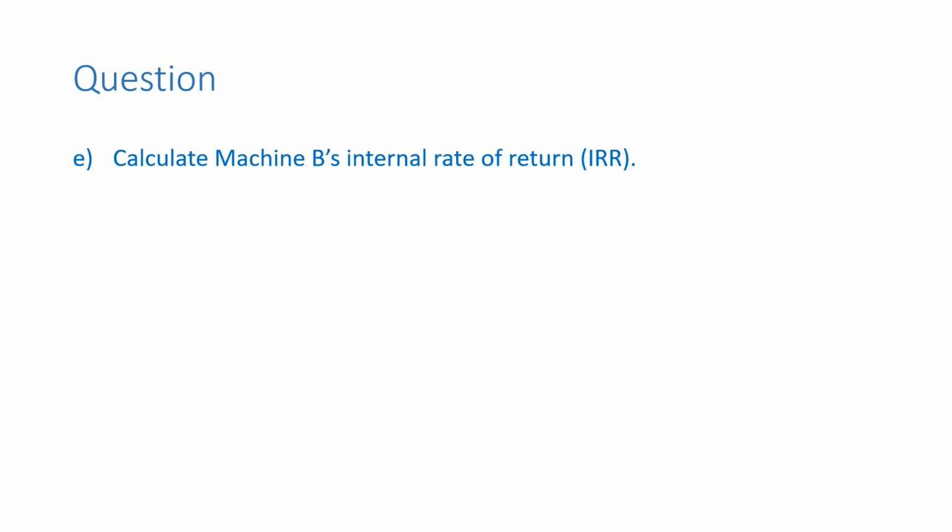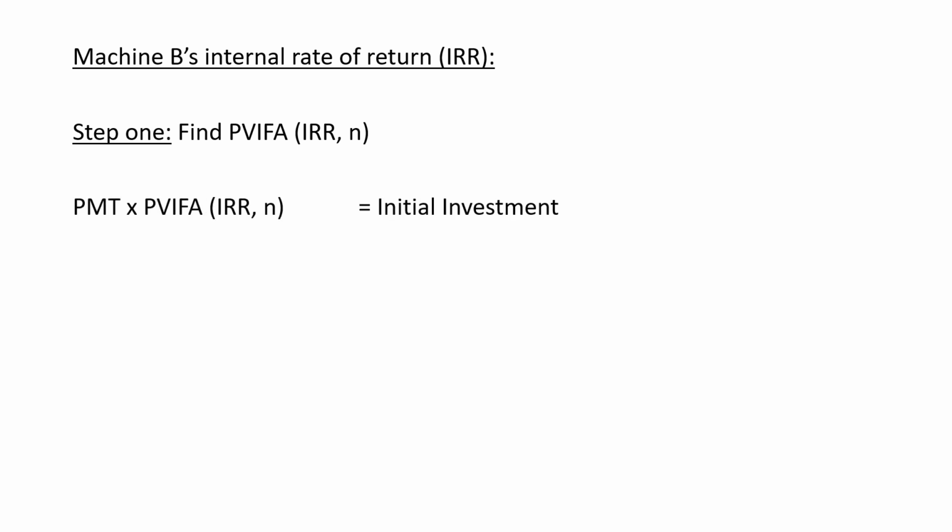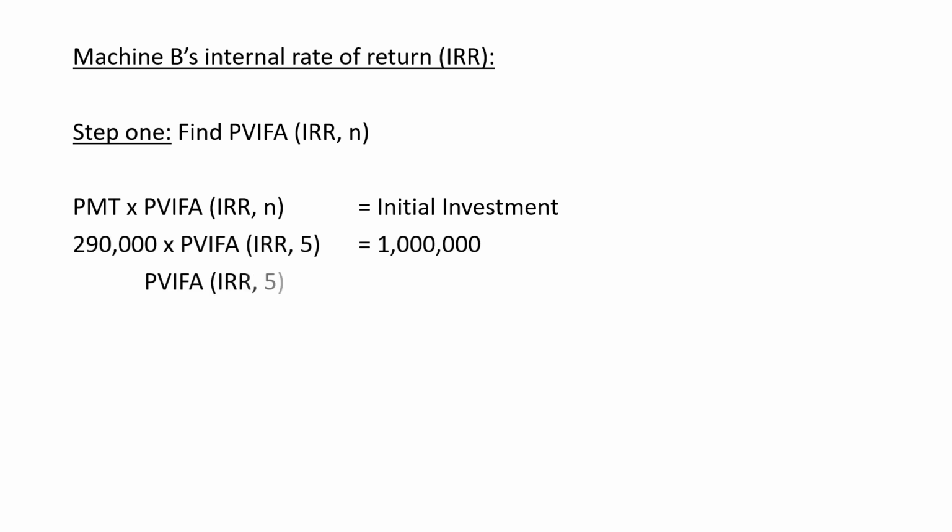Calculate machine B's internal rate of return. Machine B, IRR. Step 1, we find the PVIFA. Use this formula to find the IRR. Substitute the figures in.